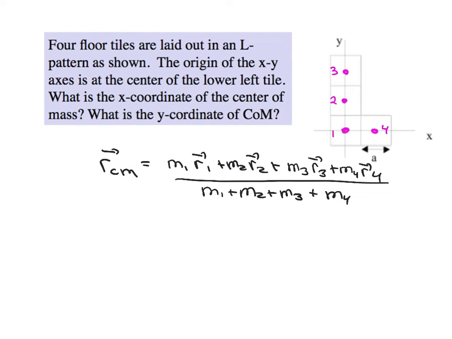Because these floor tiles are all identical, all of the M's are the same. The denominator is going to be 4M, and there's going to be a factor of M in each of the terms in the numerator.